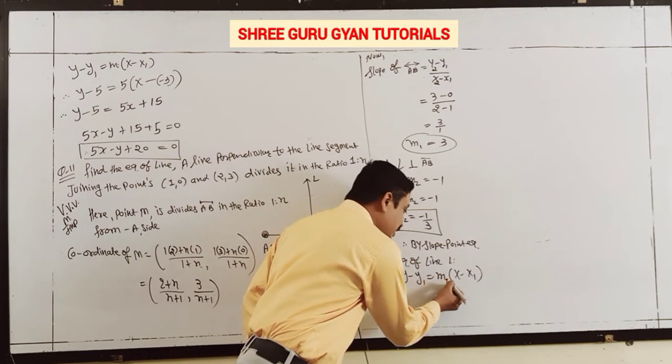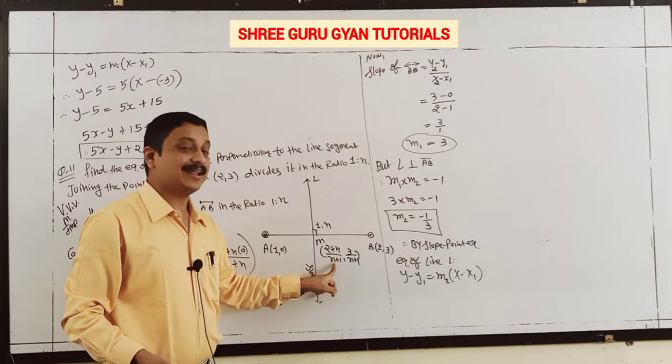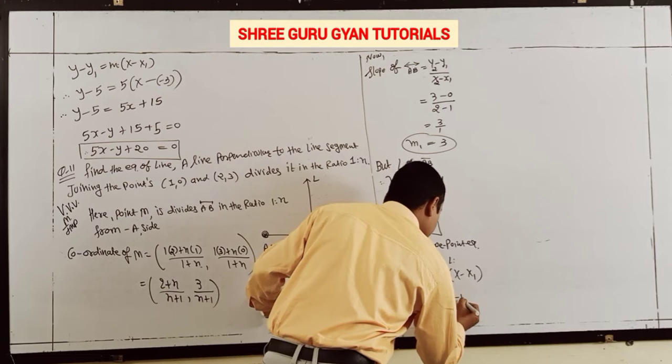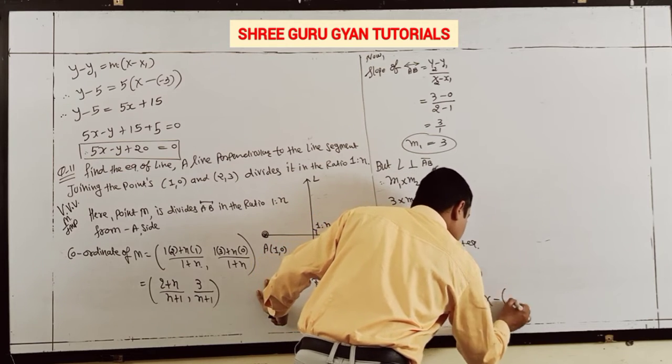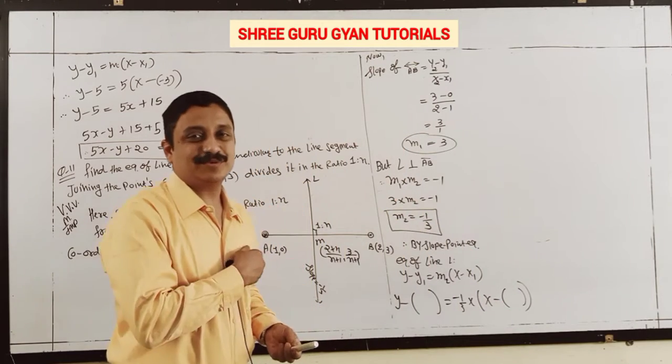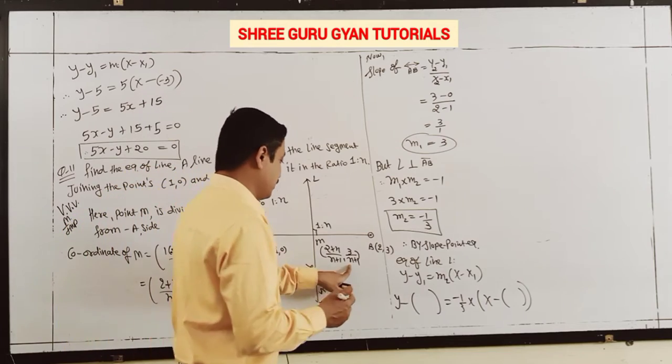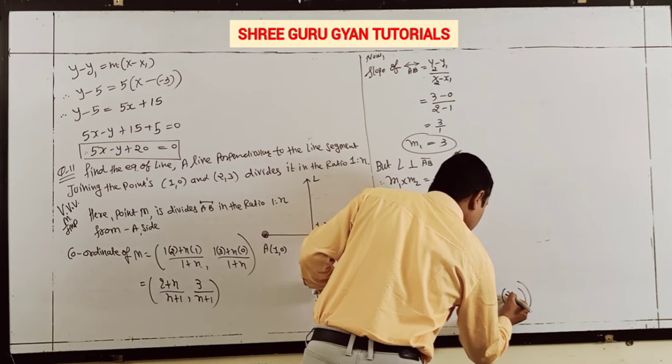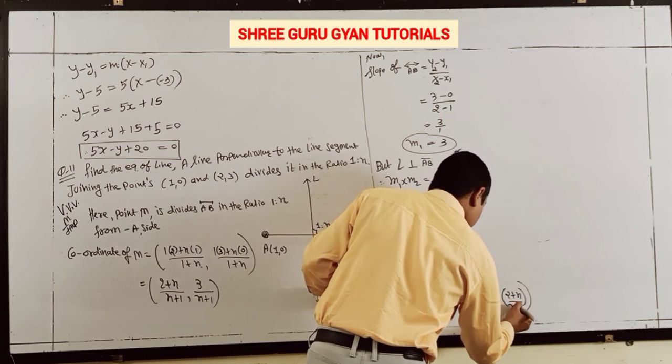Here you can write x1, y1. My y1 is known, the slope is minus 1/3 and x1 is also known. So systematically I apply: y1 is 3 by n plus 1, and x1 is 2 plus n by n plus 1.